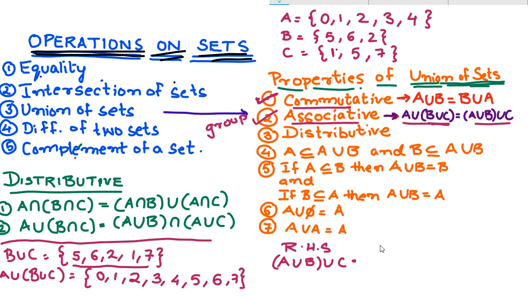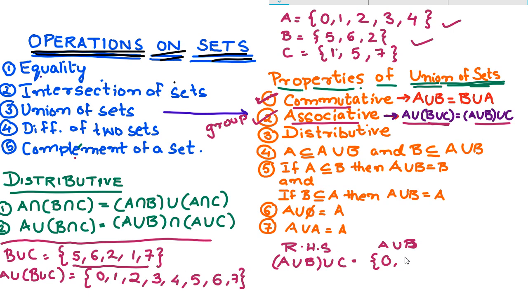So I will directly write the elements of the set. Just carefully look at both the sets and see for yourself which is here at the top. So A and B. Union is basically combining all the elements in a particular set and keeping the common elements single.